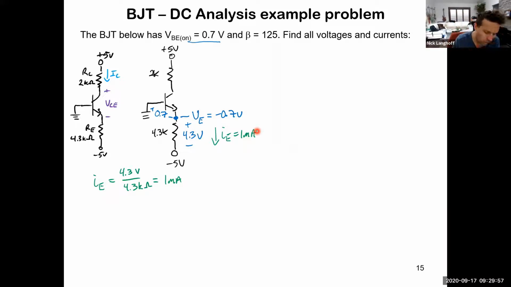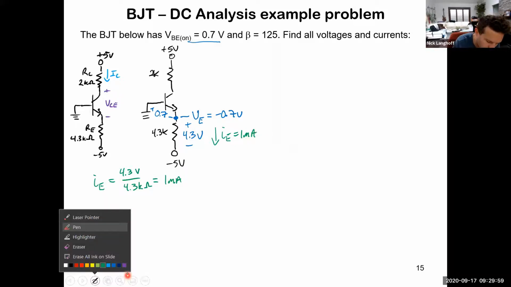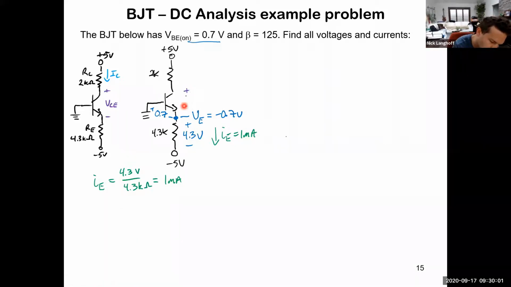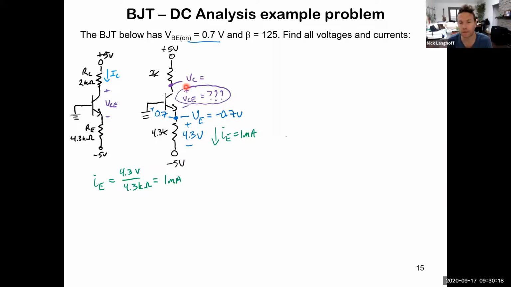So if we knew VCE, we could then find what VC is, because it would be negative 0.7 plus VCE. But we don't actually know what that VCE is. And that could be a variety of things. Without going into the details of how transistors work, it could be a lot of different parameters.